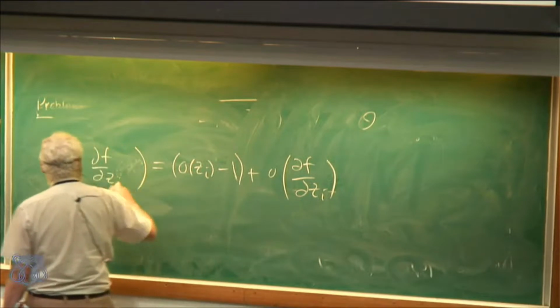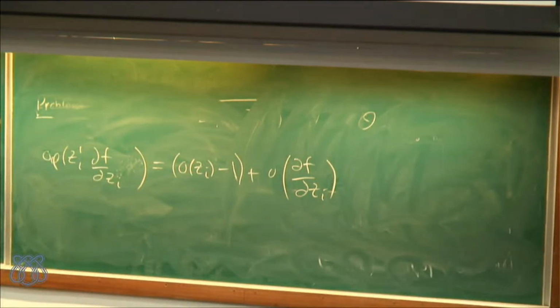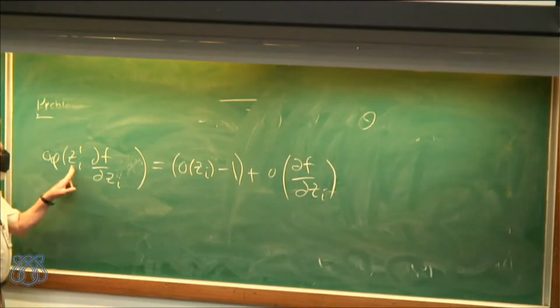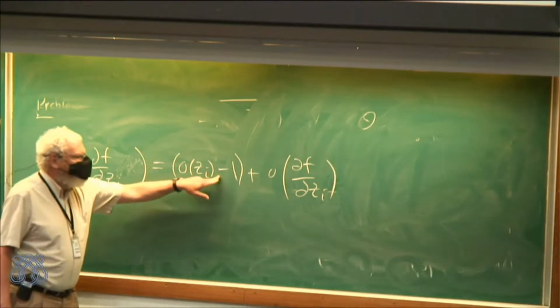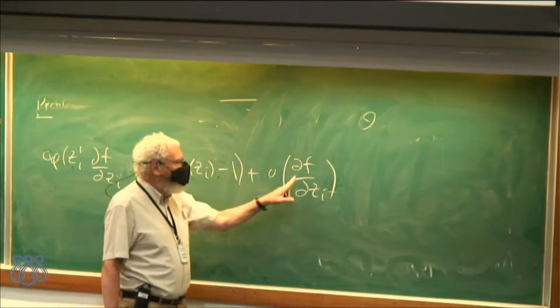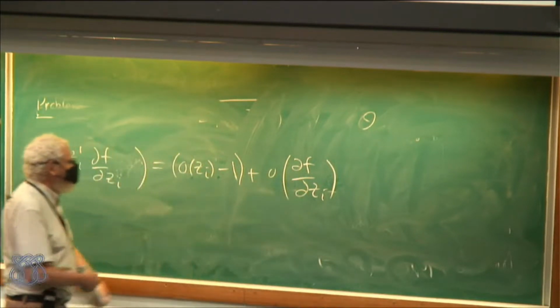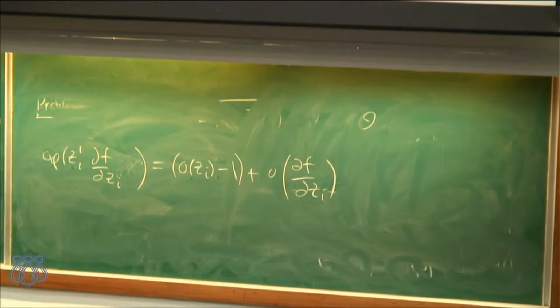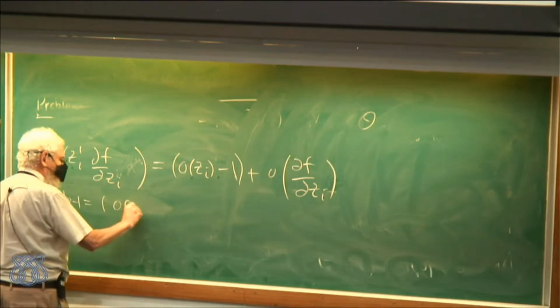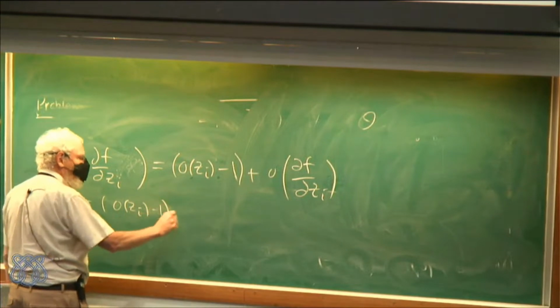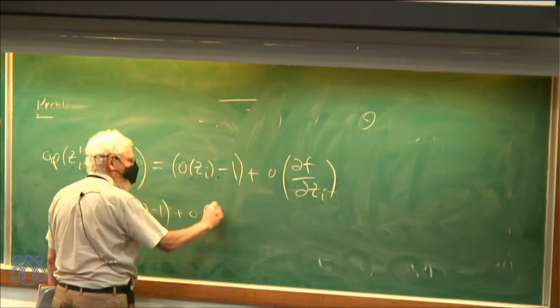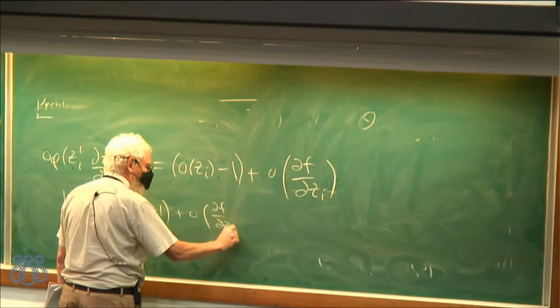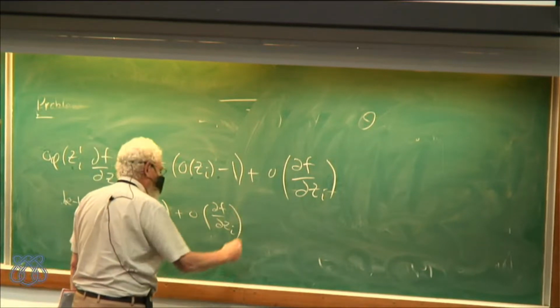This is clearly going to be equal to the order of z_i minus 1, because I just took the derivative. And then this is something that we're interested in. And so we get that k minus 1 is equal to the order of some z_i minus 1 plus the order of partial f with respect to z_i for some i.